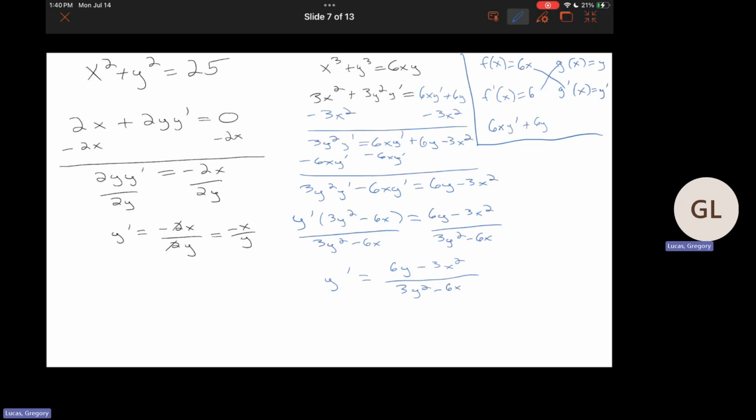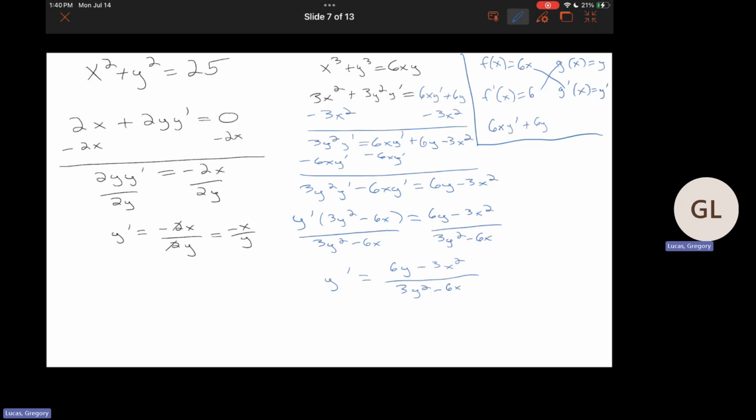Okay. So when you try these, you can get multiple different answers that are completely equivalent here. It always depends on which way you move the variables. If you move the terms the other direction, like let's say you put the y prime terms on the right side and the non-y prime terms on the left side, everything's going to be different by a negative sign.